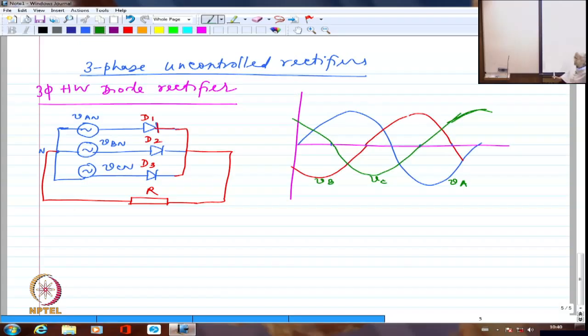So during this portion, the maximum positive is with this particular phase. During this portion, the maximum positive is with red color waveform. During this portion, the maximum positive will be with green, right? Whatever is the maximum positive, let us say that conducts.